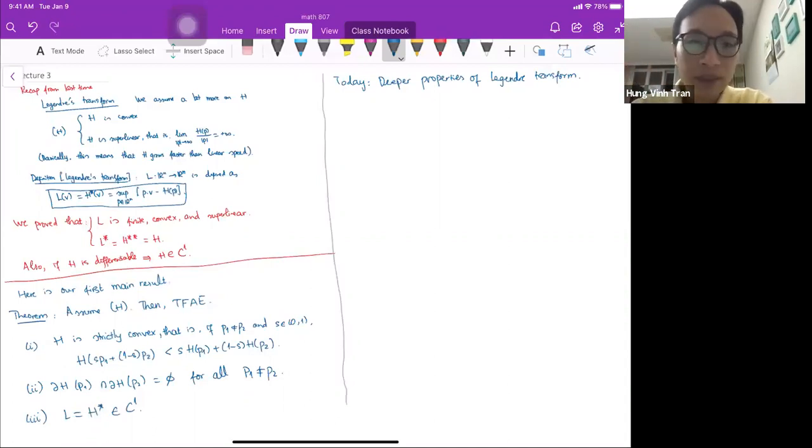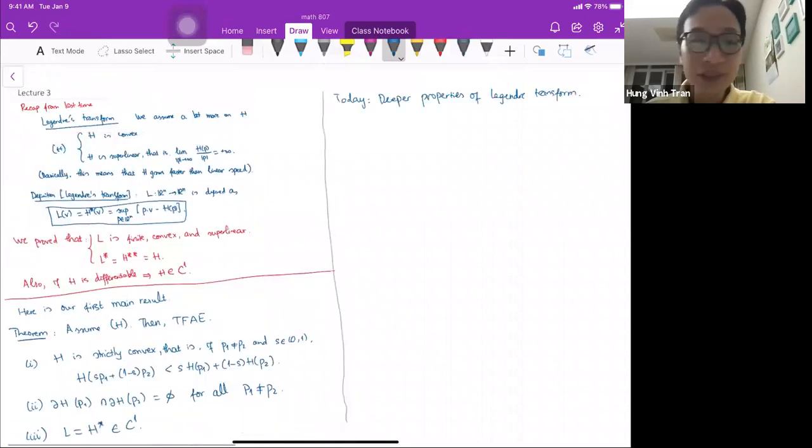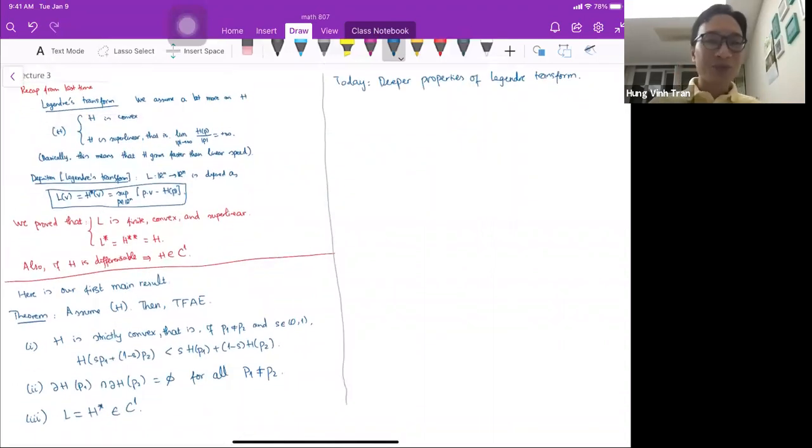Whenever you need a proof, you can just come back and check out the notes, because I do the same thing; I wouldn't be able to memorize everything in my mind.